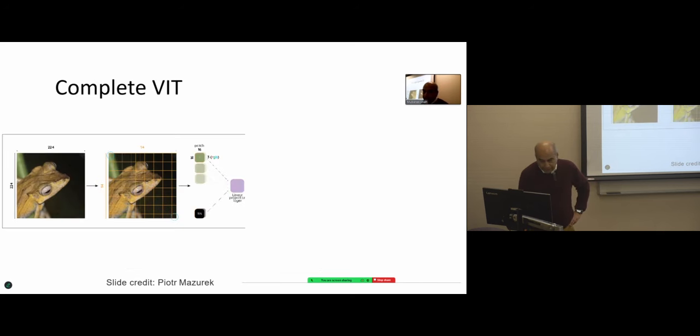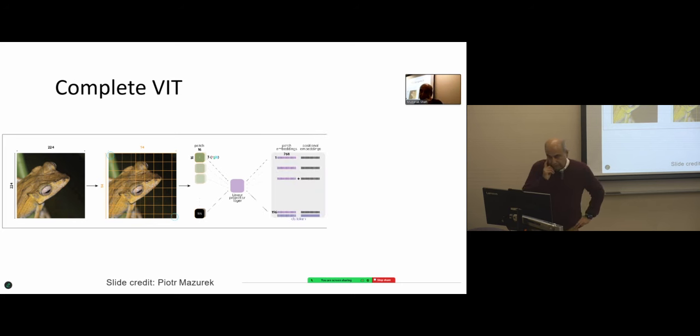Then the complete ViT looks like this: patch embedding, 768 dimensional vector, and then the position encoding, which has the same dimension, and then it goes to the encoder, and after that we get the classification, okay?